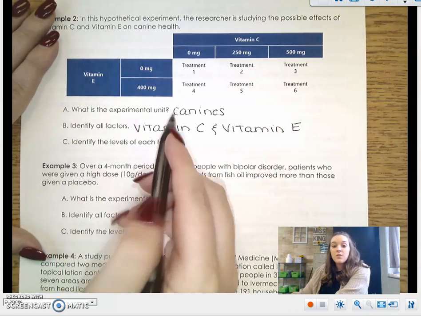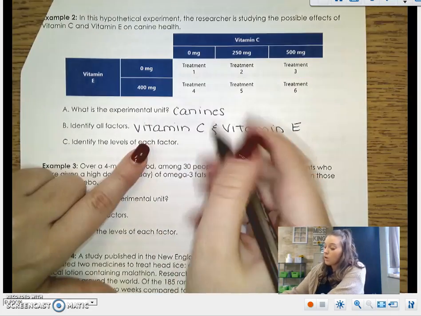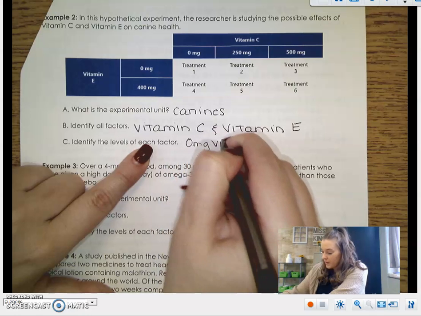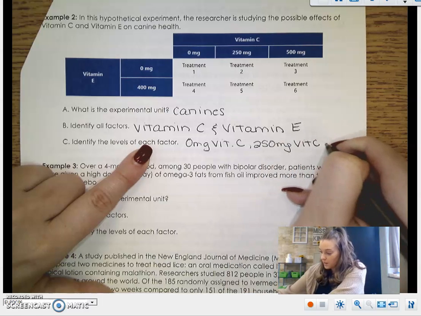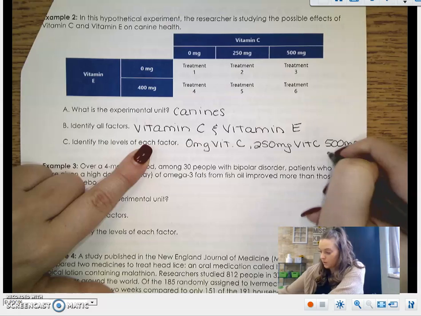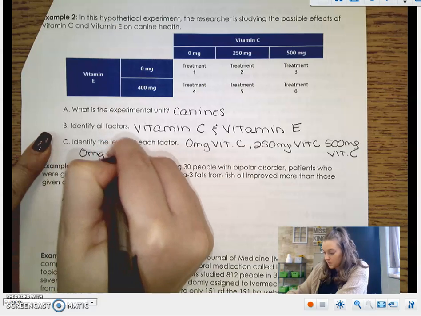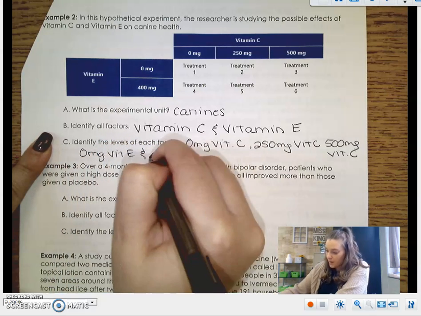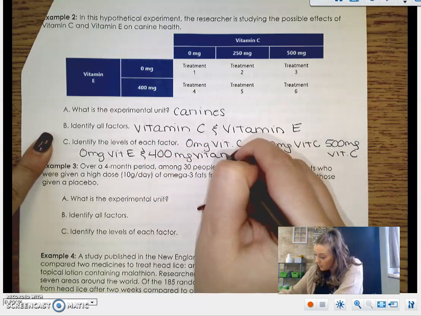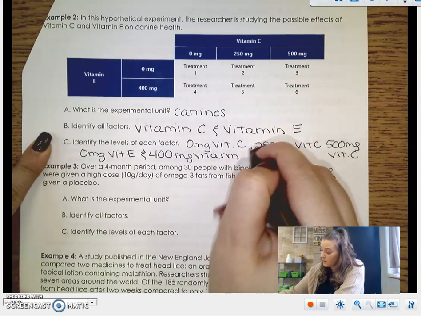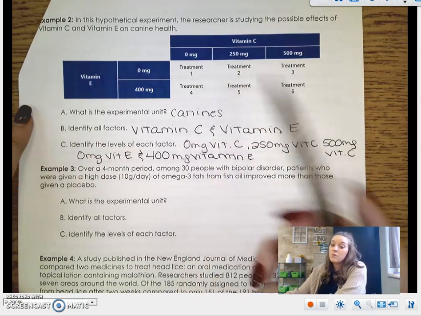And then the levels of each factor, vitamin C has 3 different levels. Vitamin E has 2 different levels. So all your levels would be 0 milligrams vitamin C, 250 milligrams vitamin C, or 500 milligrams vitamin C. Then you have 0 milligrams vitamin E and 400 milligrams vitamin E. So those are the 6 different treatment options, really, is the combination of those.